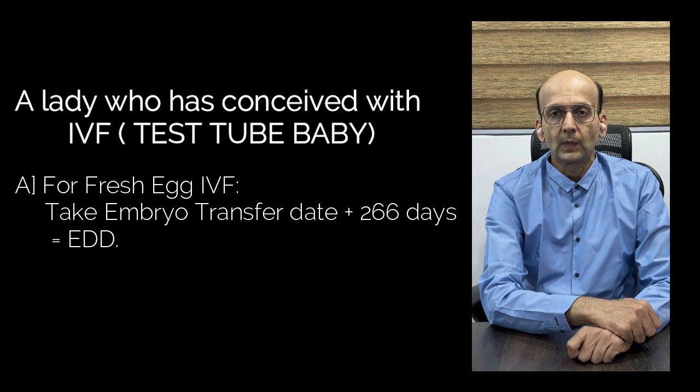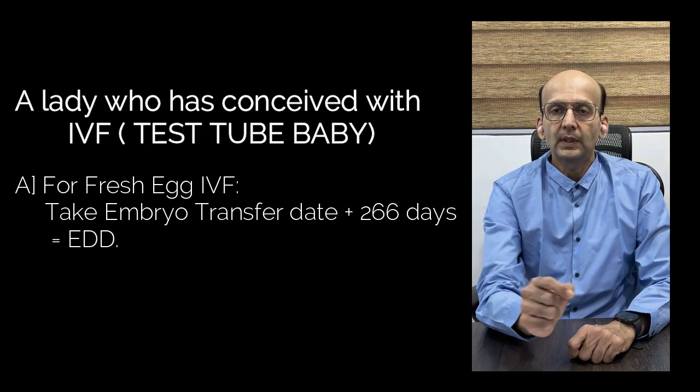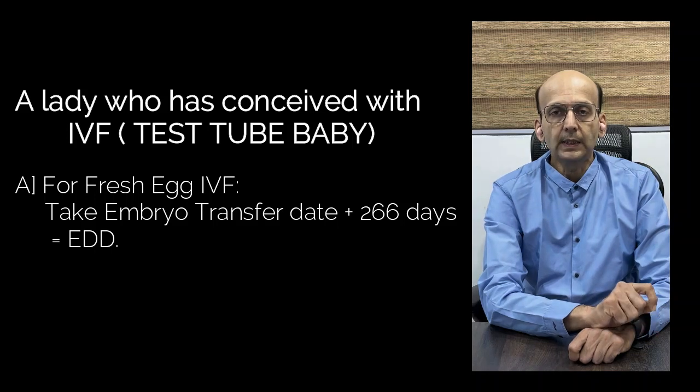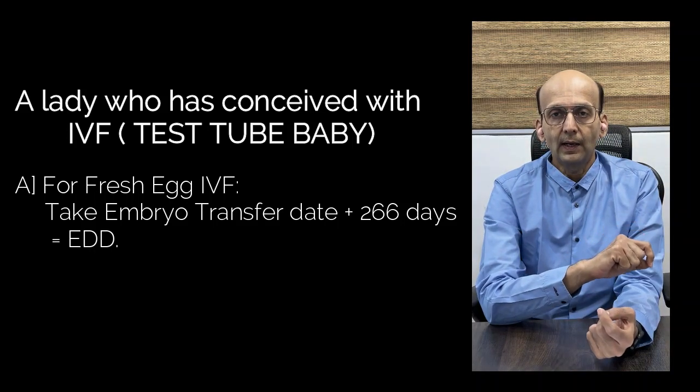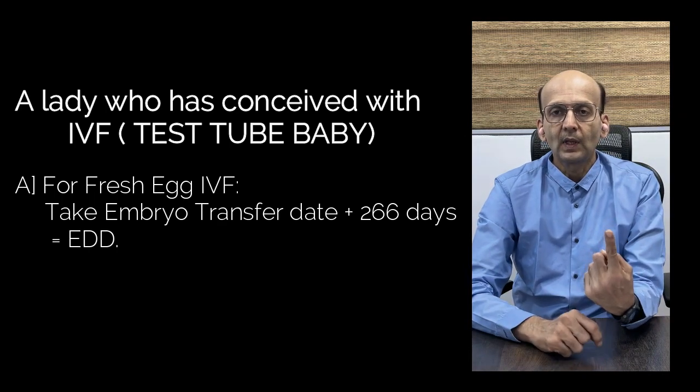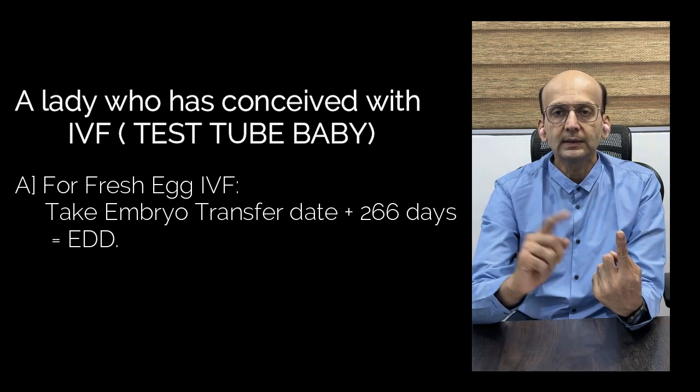Now let us take group number 3. A lady who has conceived via test tube baby or IVF. The patient always remembers the date of embryo transfer, that is ET. For a fresh egg IVF, take ET, add 266 days, that is your EDD.